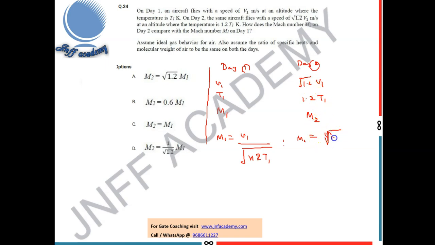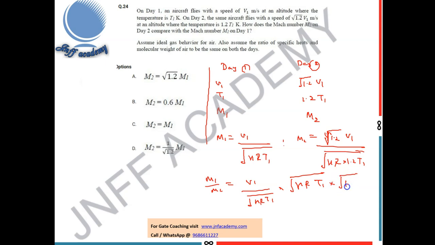Root of 1.2 V1 divided by root of gamma R, instead of T2, it is 1.2 T1. Now if you divide these two equations, right? M1 divided by M2, V1 divided by root of gamma R T1, equal to root of gamma R T1 into root 1.2 divided by V1 into root 1.2.